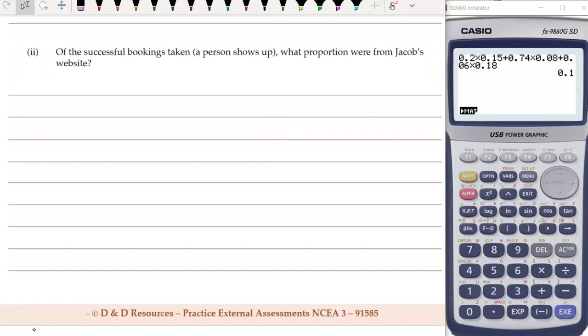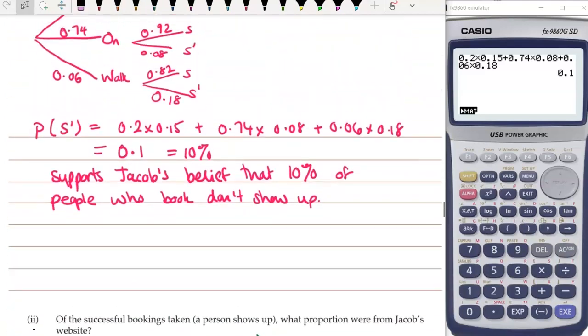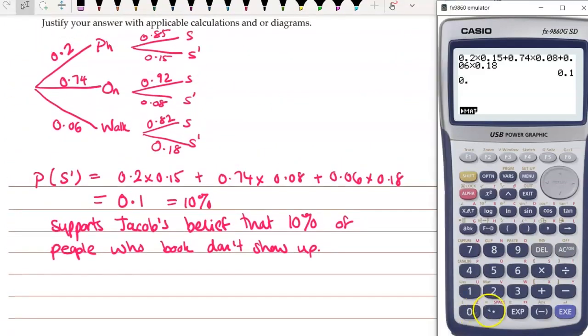Of the successful bookings where a person shows up, what's the proportion that were from the website? So this is a conditional probability. So given that it was a successful booking, what's the probability that it was booked online? So that's the probability of it being online and successful divided by the probability of it being successful. So online and successful is 0.74 times 0.92.